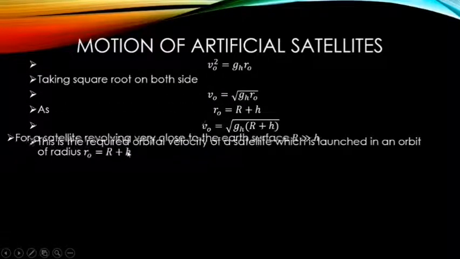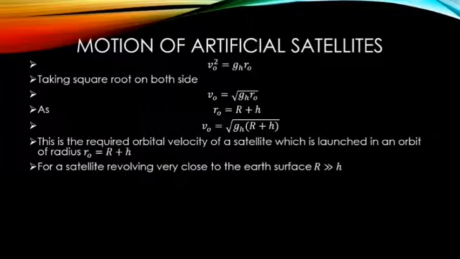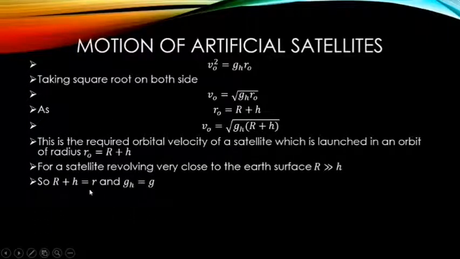Let us consider a satellite that is revolving very close to the surface of the earth. For such a satellite, r is much greater than the height of the satellite. So we can consider r plus h approximately equal to r, capital R, and gh is equal to g, the gravitational acceleration on the surface of the earth.